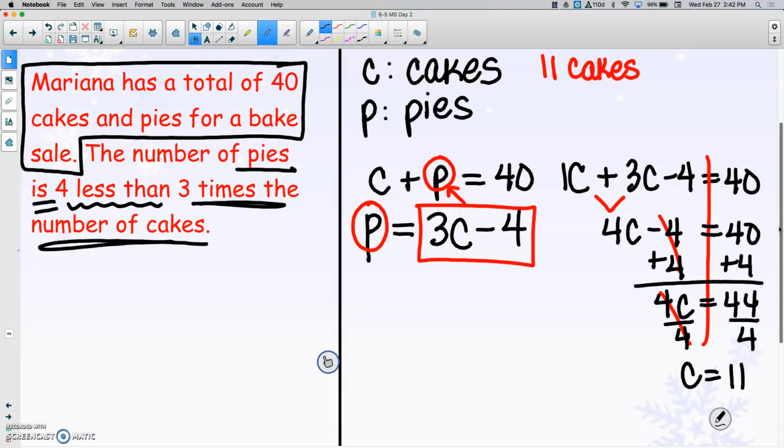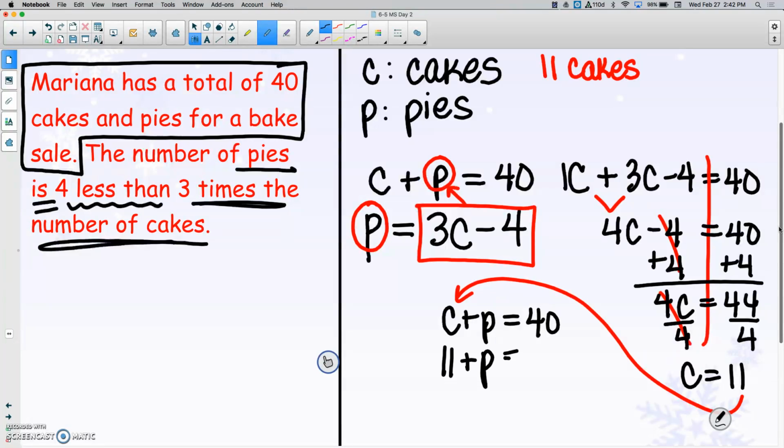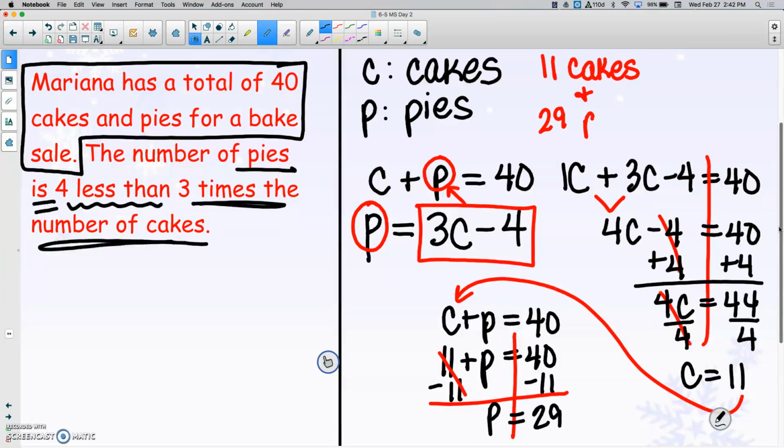And if I go back to my original first equation, I know that she's got 11 cakes. So 11 plus P equals 40. I can solve that by just subtracting 11 on both sides. And 40 minus 11 is 29. So she has 11 cakes and 29 pies for the bake sale.